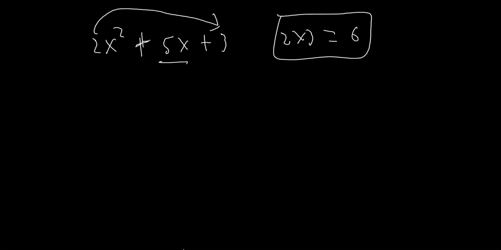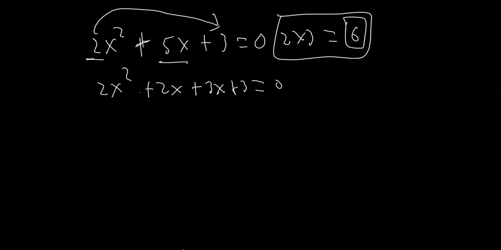So again, you multiply the coefficient of the biggest term by the constant, and then you just apply the same rules to that product, which is 6, right? Okay, now if you think about it, you would get 2 and 3. So you would rewrite it like this. Sorry, I put the equals 0 there. You rewrite it like this.